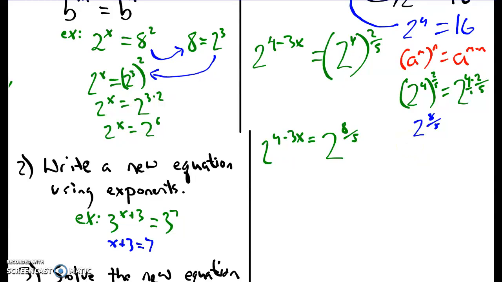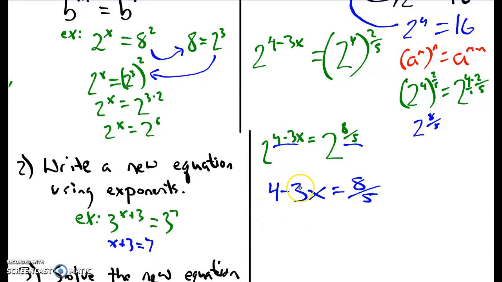We can write a new equation just from the exponents: 4 minus 3x equals 8/5. And this is just your average everyday linear equation. Yes, it has a fraction in it. Deal. And we're going to solve.